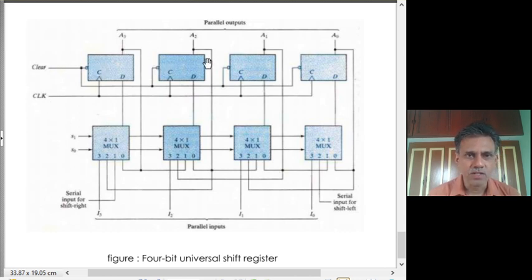For each of these D flip-flops, the inputs are now called I0, I1, I2, I3. They go to the respective inputs, and the 0th ones are nothing but the recirculated ones. Look, A0 is being circulated back to the 0th input. A1 is circulated back to the 0th input, and so on here also.